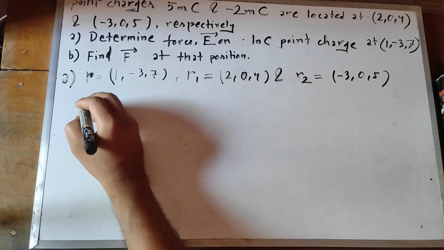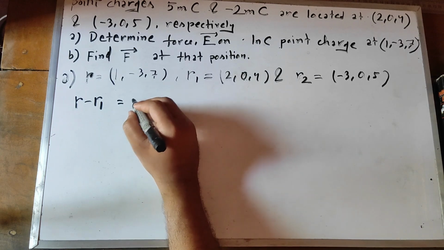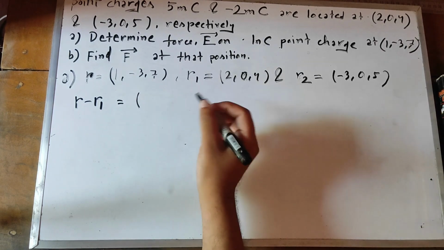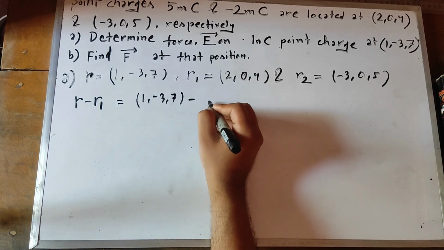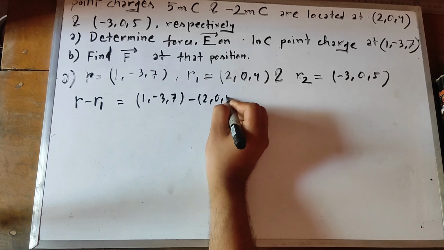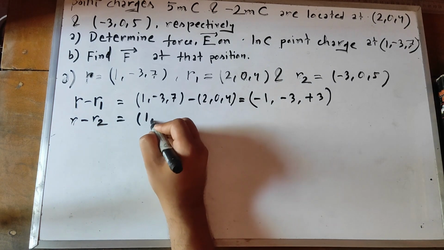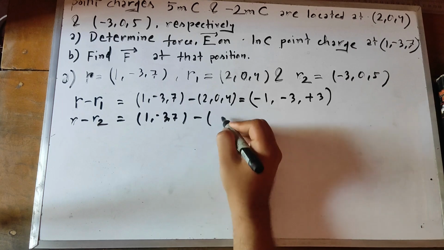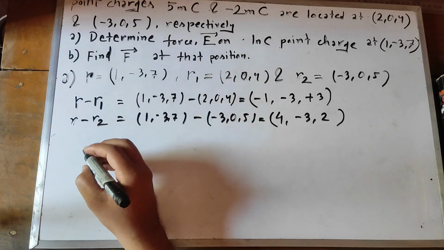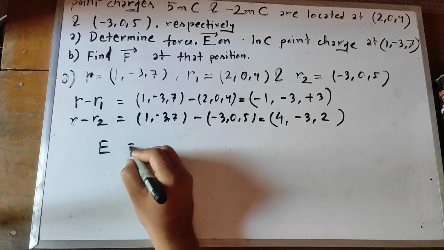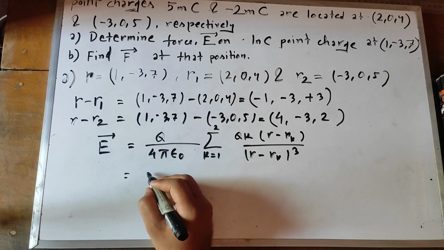So the relative distance is r minus r1, which is 1 3 7 minus 2 0 4, and r minus r2 is 1 3 7 minus -3 0 5. Now we just have to calculate E in vector form. So all we have to do is plug in the values.